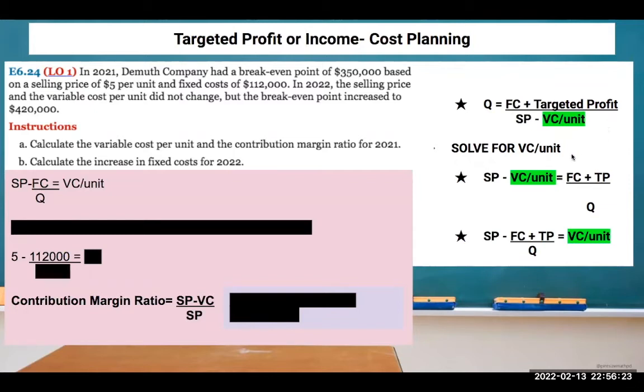Okay, and then we were able to rearrange the formula so that we can solve for variable cost per unit. Just more specifically, this question does not talk about targeted profit at all. So the actual formula that we're using is selling price minus fixed cost over quantity is equal to variable cost per unit.